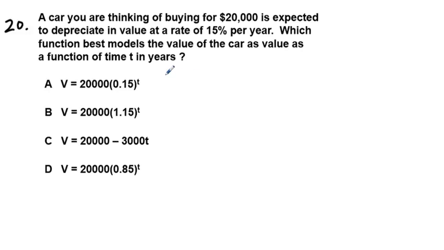The basic formula is P, which is a finishing amount, starts at the initial principal or value of the quantity 1 plus r to the power of t, and r is equal to our rate.